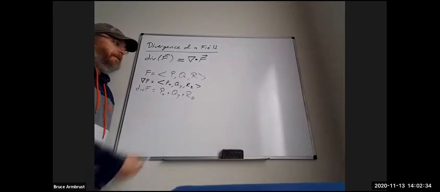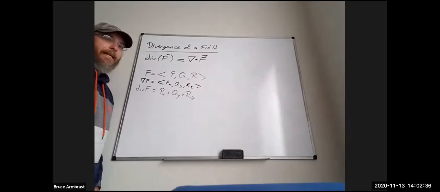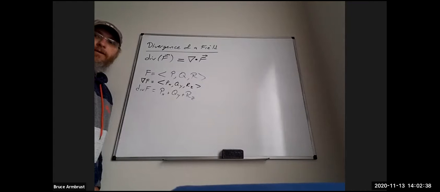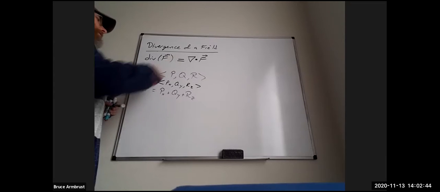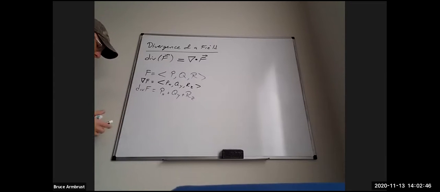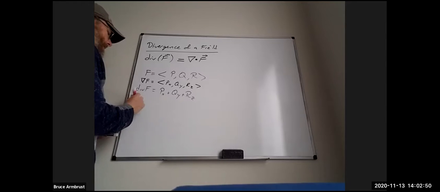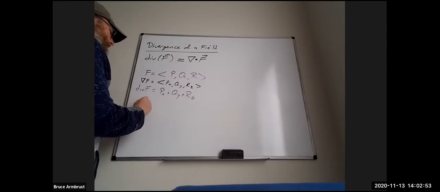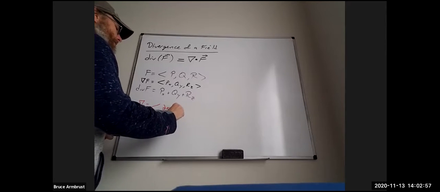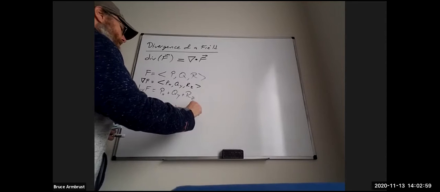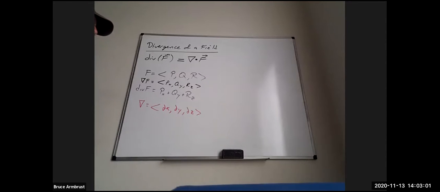But it's not a vector because it's a different thing. We're just adding up components. But that's where this del dot f notation comes from: you can think of the del operator as d/dx, d/dy, d/dz.